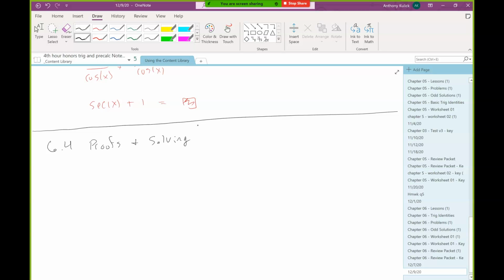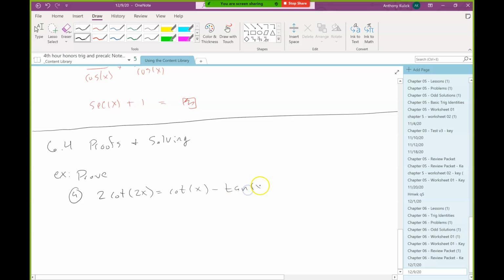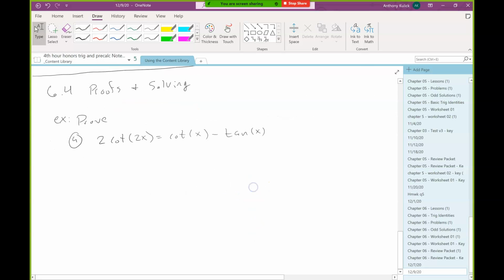We'll talk about what's going to happen next after that, okay? We'll do two more examples of proofs, and then 2 examples of solvings, and then we'll be done with Chapter 6. Okay.